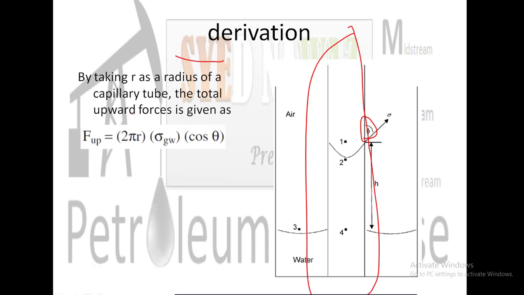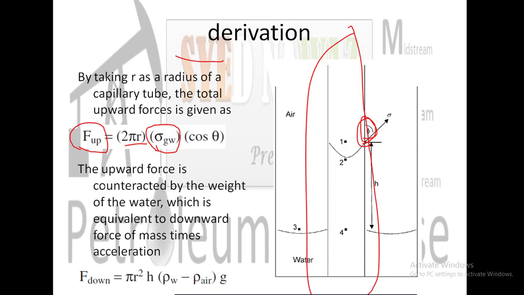So you will consider the force F equals 2 pi r, which is the area of this test tube, and obviously there will be a surface tension along with a contact angle if you consider this particular area. Let us see the next point.